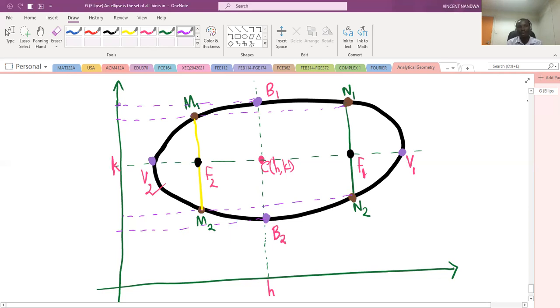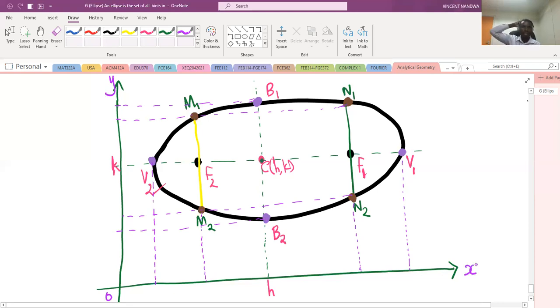So what is going to help us now is that you can extend this one to the x-axis, extend this one to the x-axis, and this point also to the x-axis. Remember, this is the origin. So this is y, this is x.